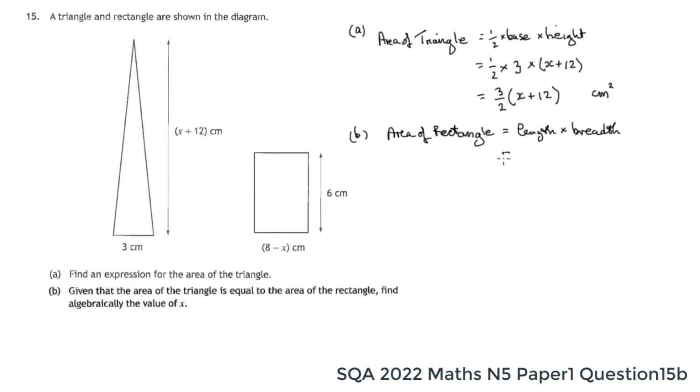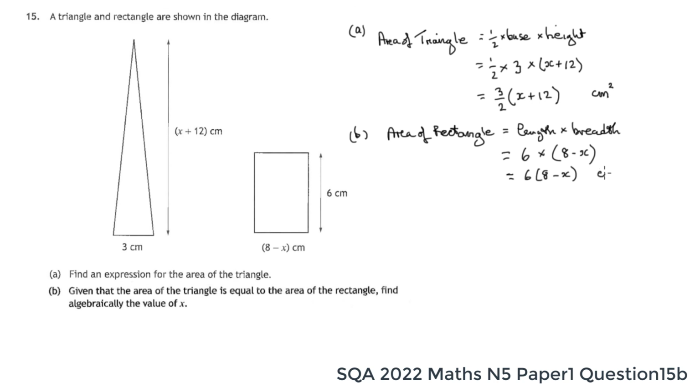Now in this case, let's choose the length to be 6. Choose, I mean, you can't alter it, but it could have been 8 minus x. And if we've chosen this as the length, the breadth will be 8 minus x. So the easiest way of writing that is just 6 lots of 8 minus x without the multiplication sign.